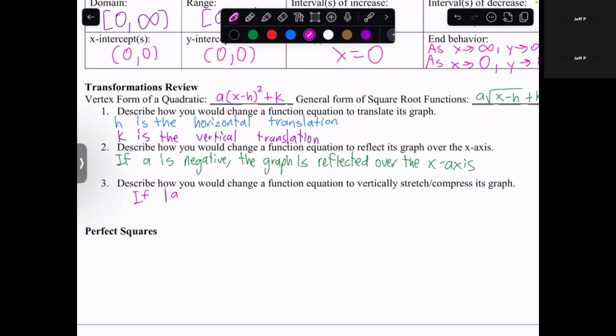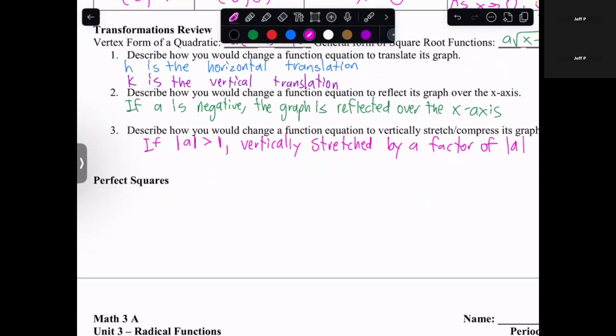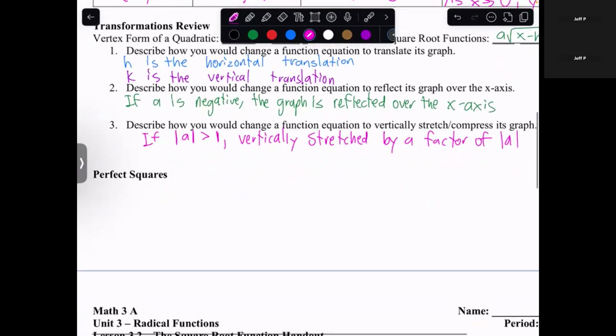If the absolute value of a is greater than 1, we say that it is vertically stretched by a factor of the absolute value of a. You should never say vertically stretched by a negative number. We would separately treat the reflection and the stretch.